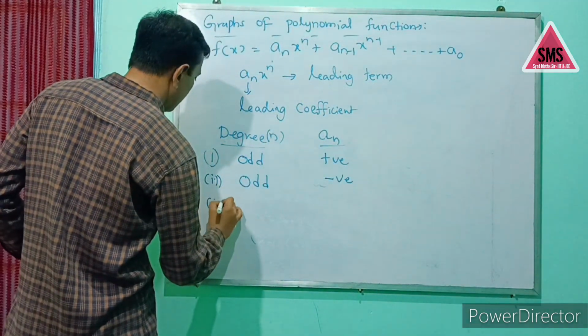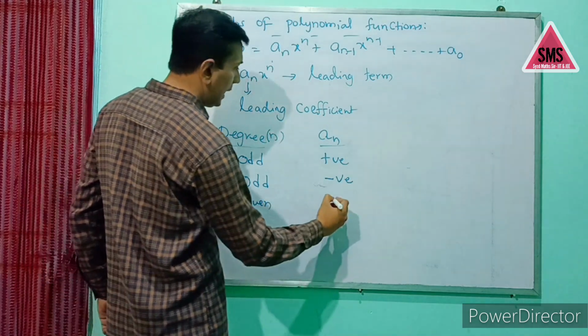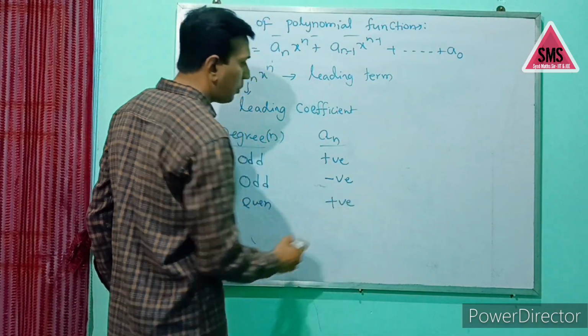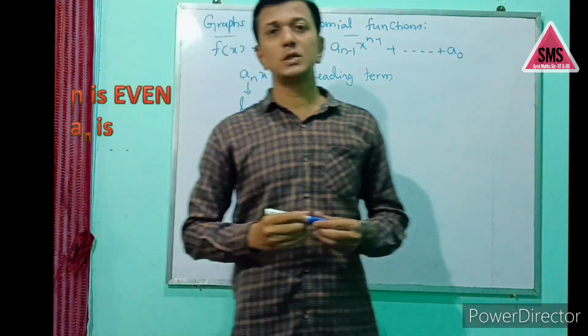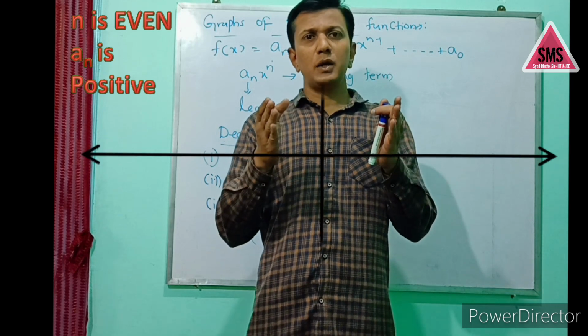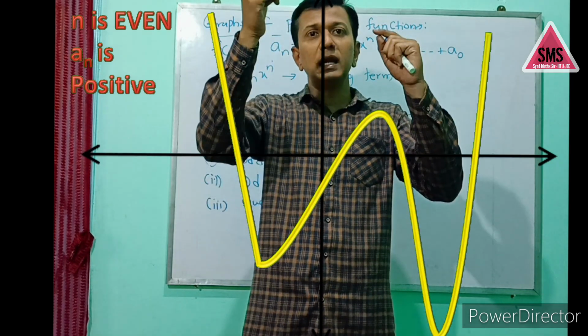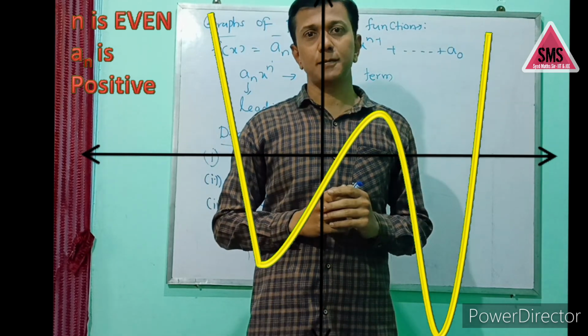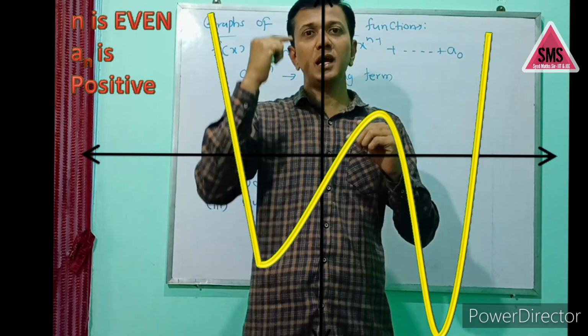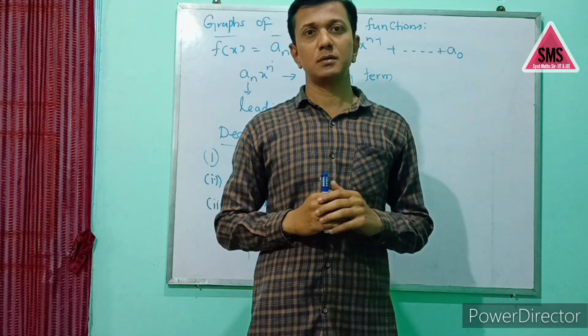Next, third one, if n is even and an is positive. What happens? You can see on the screen, the curve is like a W, where at both the left and right side it is rising. It is rising on both the left side as well as the right side.